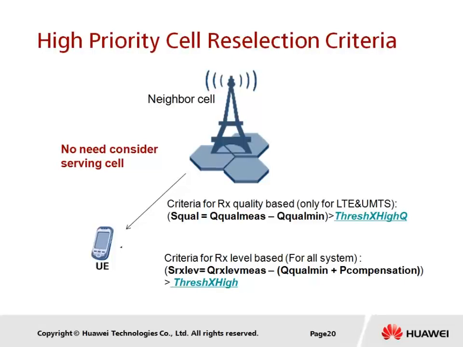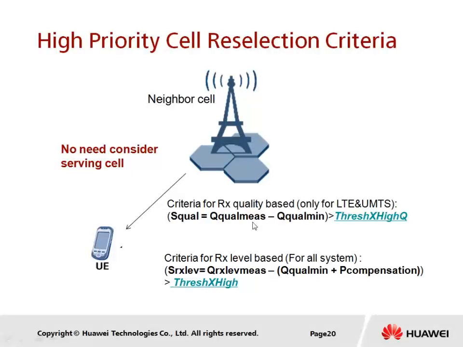Scenario number two is when the neighbor cell has higher priority. If the neighbor has higher priority, the user will perform reselection regardless of the RSRP of the serving cell; it is not considered. The user will only consider the measured value of the higher priority cell, if SQual, measured minus Q qualmin, is greater than a threshold.